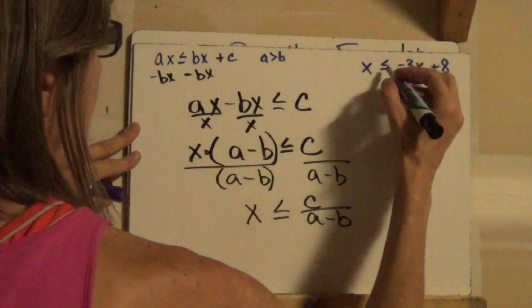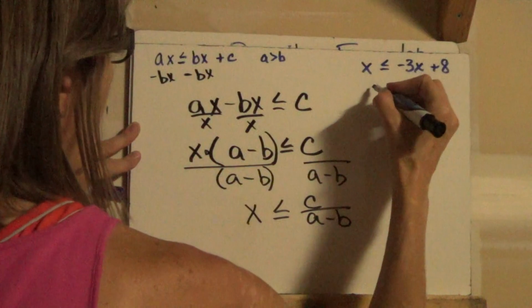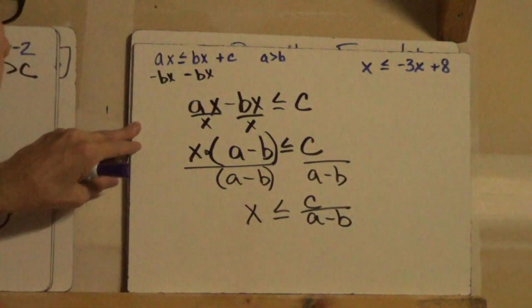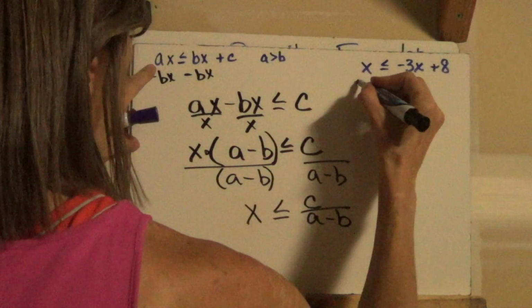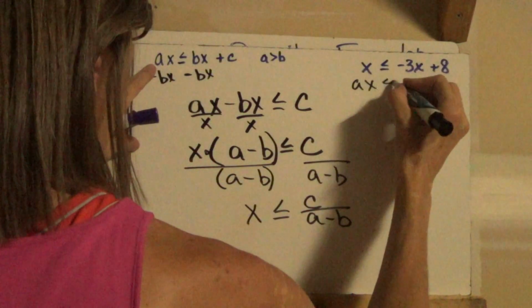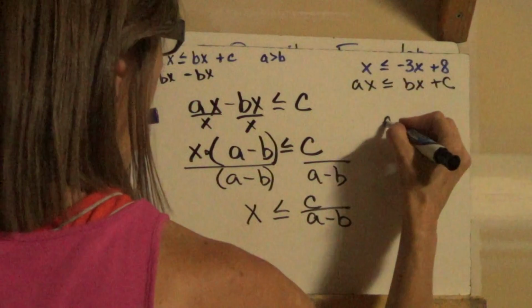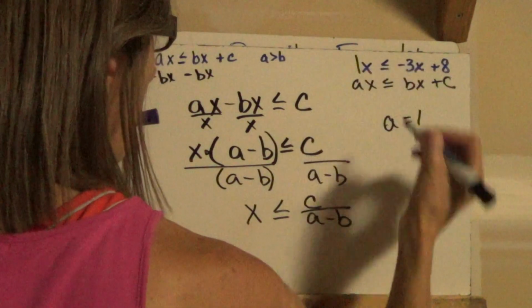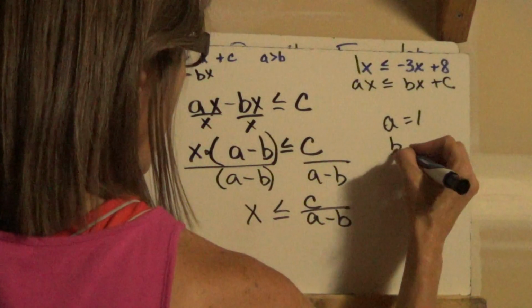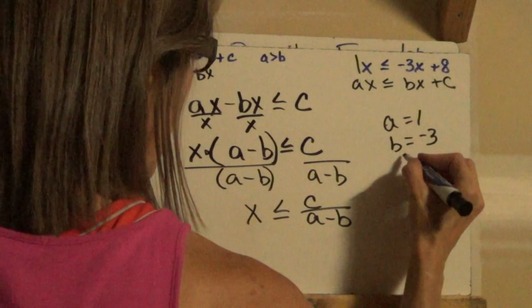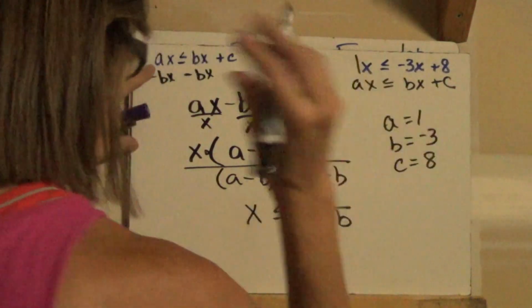Now I write my equation up here. Ax is less than or equal to bx plus c. A is equal to 1. B is equal to negative 3. C is equal to 8.